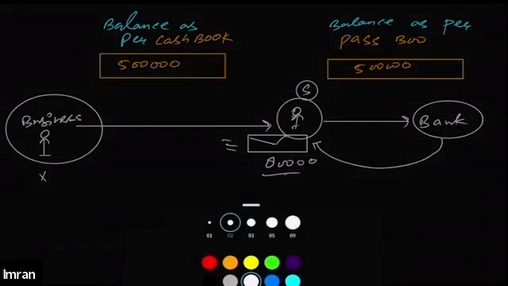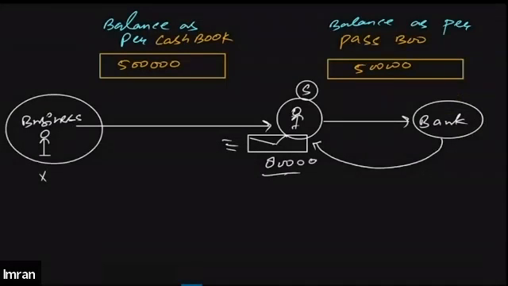So tell me, as soon as this check has been issued to the supplier, this transaction must have been recorded by Mr. X in the cash book, yes or no? Yes, he must have recorded this in the cash book.